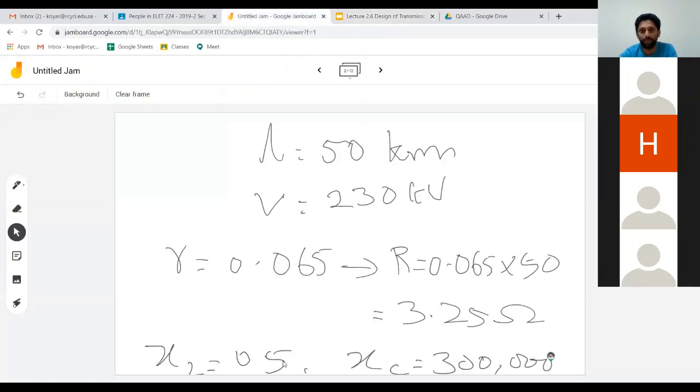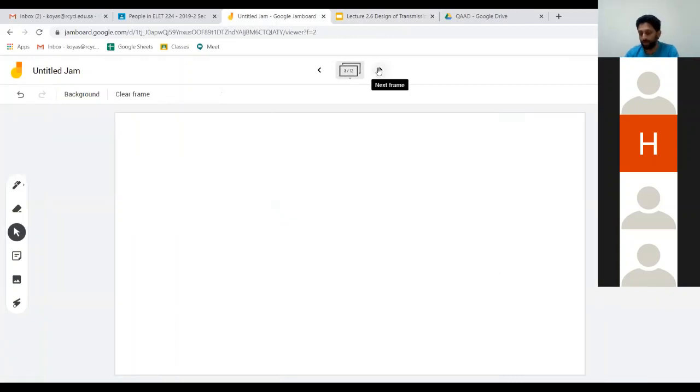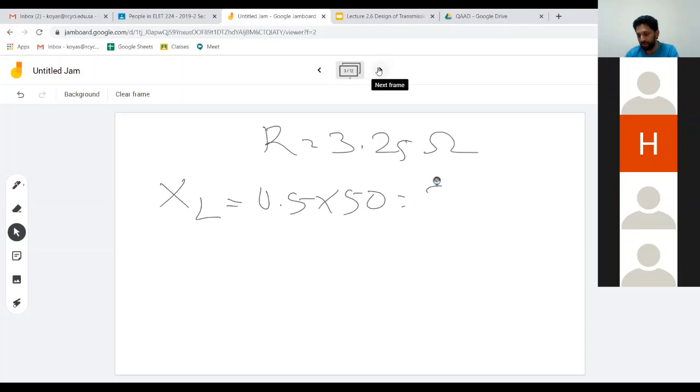These are small values. So already we got R equal to 3.25 ohm. Now XL, how much will be XL? 0.5 multiply with 50 is 25 ohm.